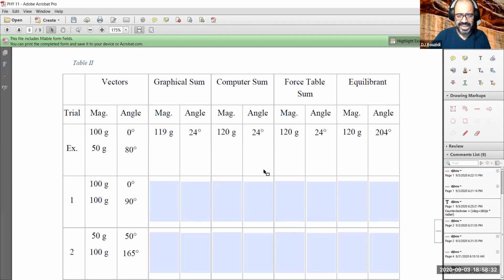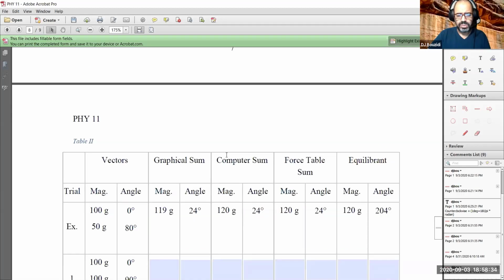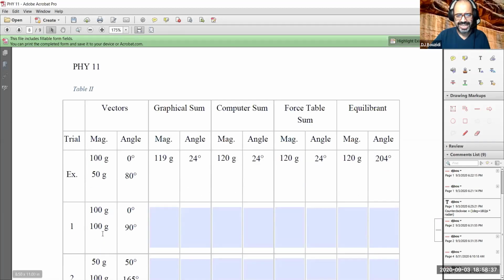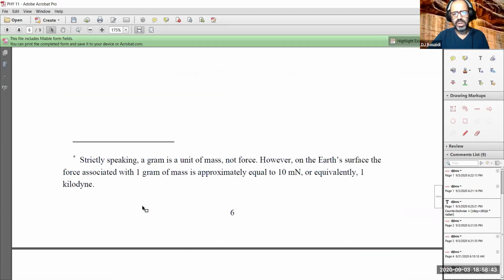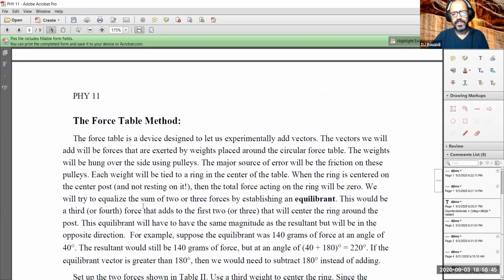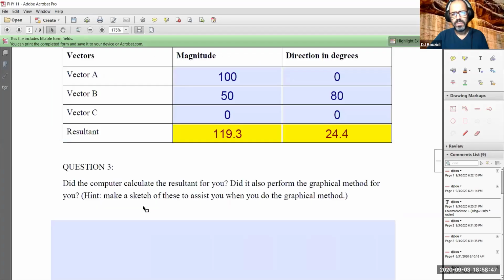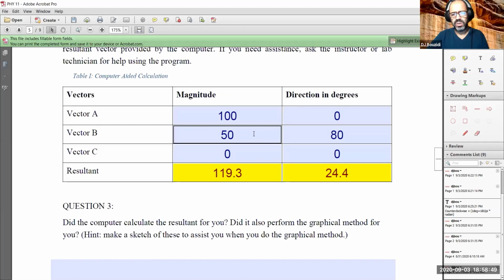So what you do in this case, you come to this program, and you put 100 and 0 and 190. Let's go back up to the page where we were. So the first one is 100 and 0, the second one is 190. So the answers are 141.5, which is roughly 142.